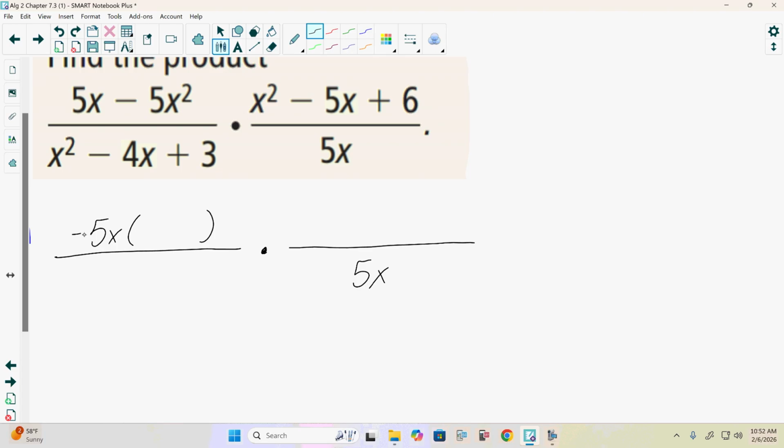Because that x squared term, that variable with the biggest exponent, is negative, if we factor that negative out, we're going to simplify, we're going to make it easier for ourselves later on. Because if we factor the negative 5x out of 5x, well, 5x factored out of 5x will factor out completely, which would be 1. But if I factor a negative out, since it was positive, it's now going to be negative.